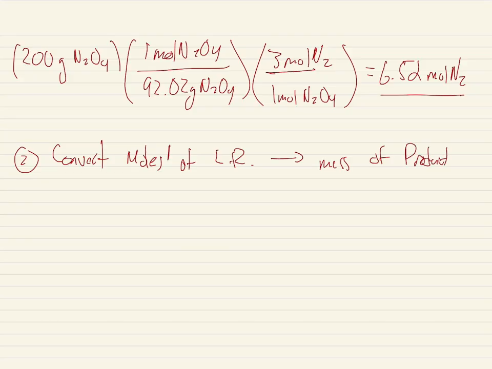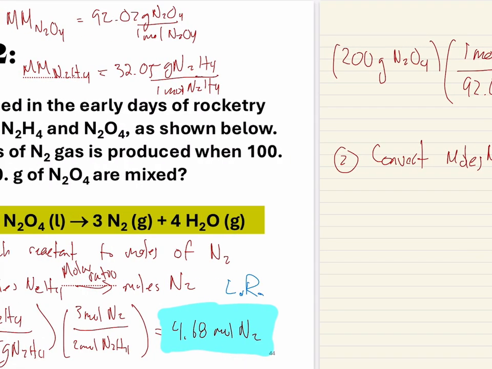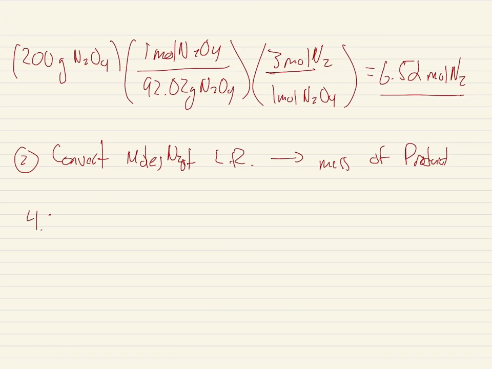The moles of N2 that we made from the limiting reactant, which was 4.68. So we had 4.68 moles of N2. How do we use that to convert to grams? What do we use? Molar mass of what?